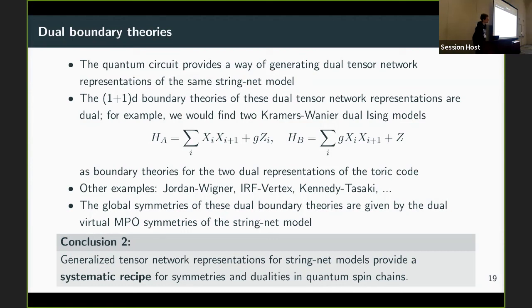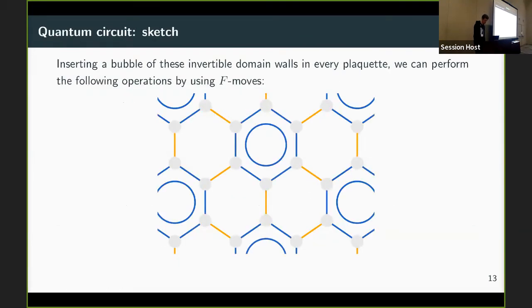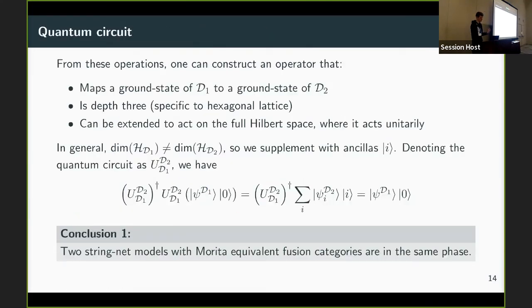So looking at the action of basically inserting the domain walls in the vertex and the plaquette terms, on the plaquette you can have a representation of the tube algebra. Can this be understood as some kind of action on that? Indeed, the more general construction of how to do this, including excitations, involves this study of tube algebras.